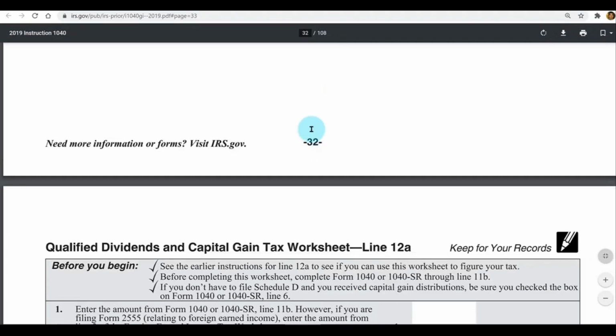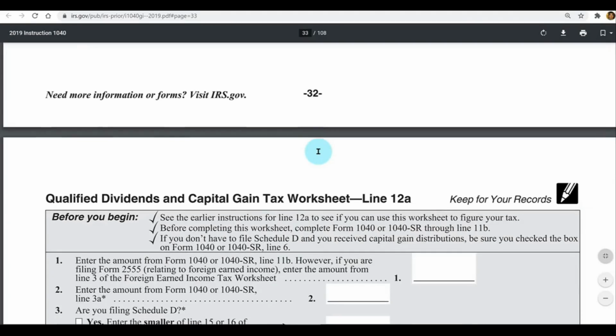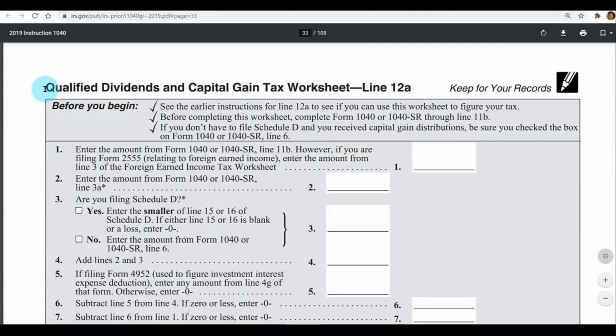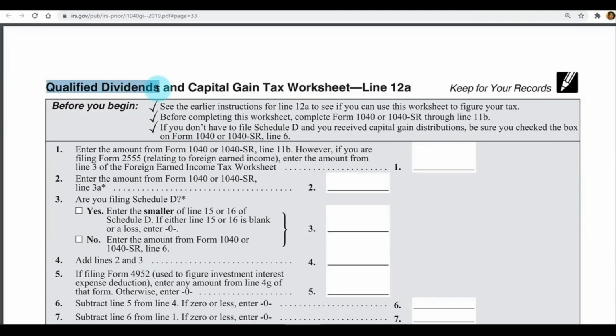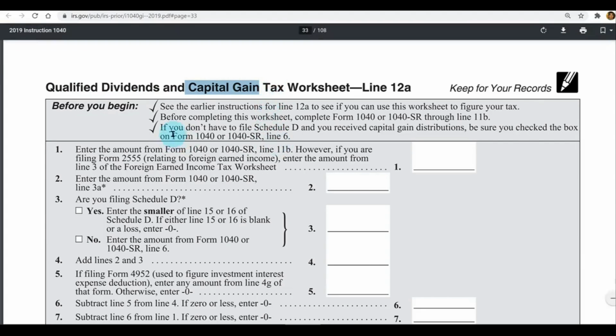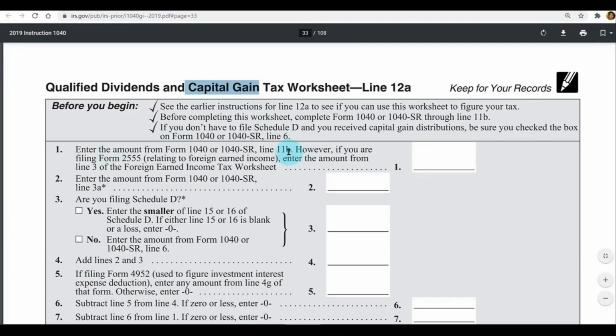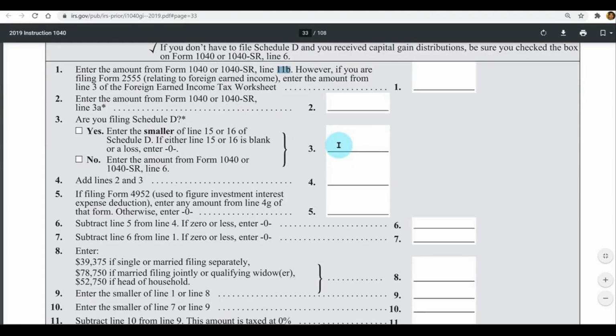On page 33, qualified dividend. Again, that's what we're working with here. And capital gains, a topic we'll learn by the end of the semester. So what we're going to do is, here you can see this line 11b. This is your taxable income here from the 1040 form. And we're going to back it out.